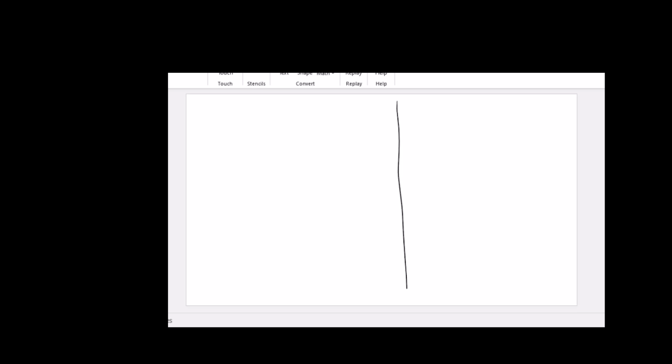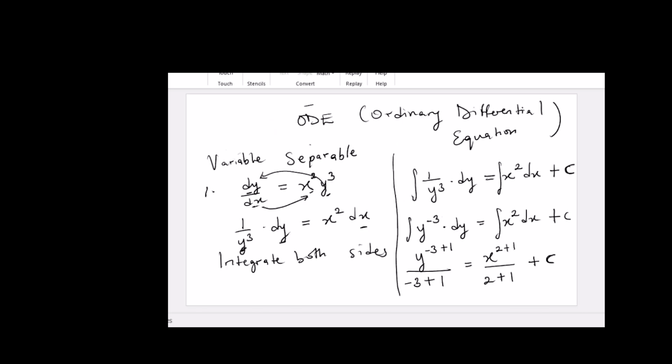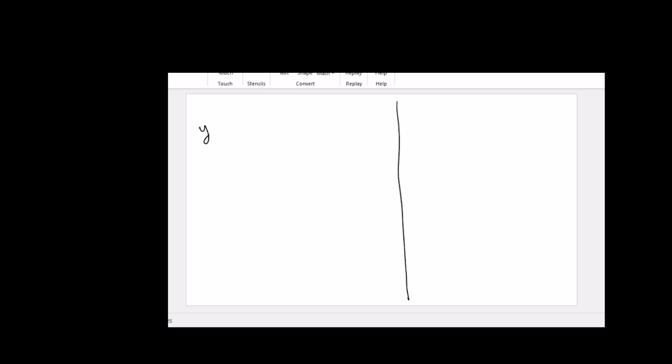So for the second page, this is going to change to what? This is going to change to y to the minus 2 over minus 2 equals what? x raised to the power 3 over 3 plus c.